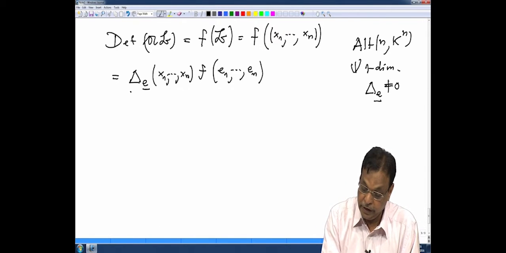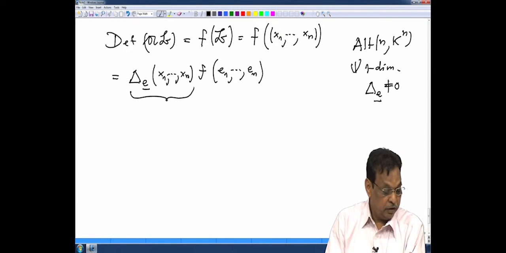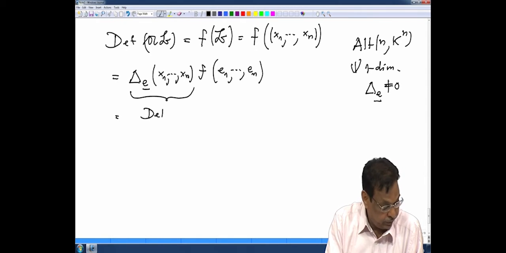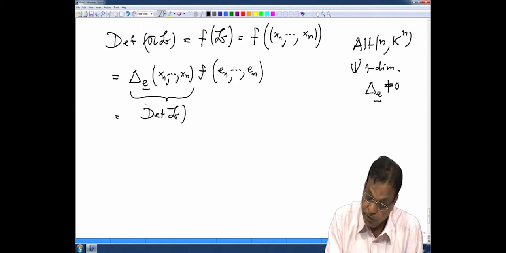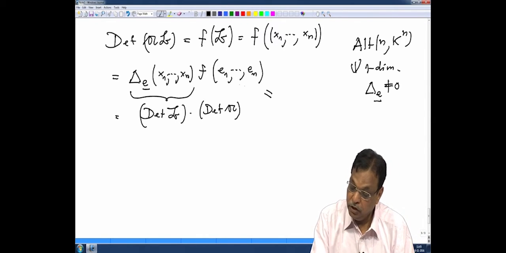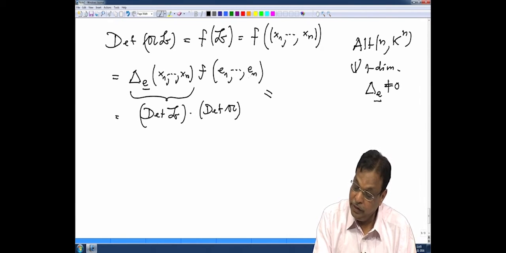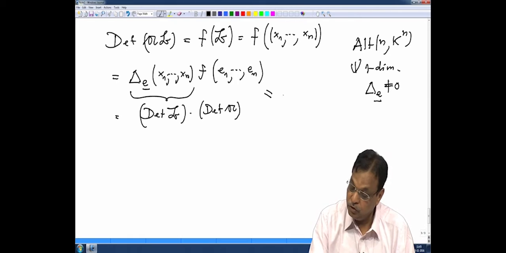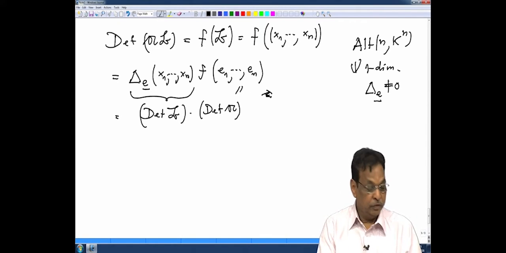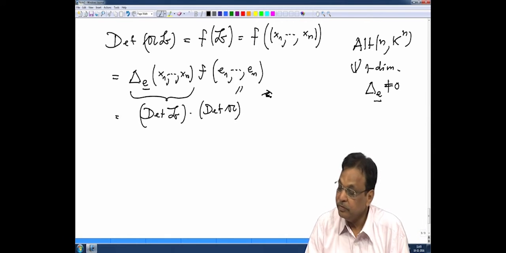This scalar is precisely the determinant of B, and this one is by definition the determinant of A. Remember, E1 to En are the columns, so B is E1 to En, that is B is the identity. So, this is determinant of A. So, that proves it.